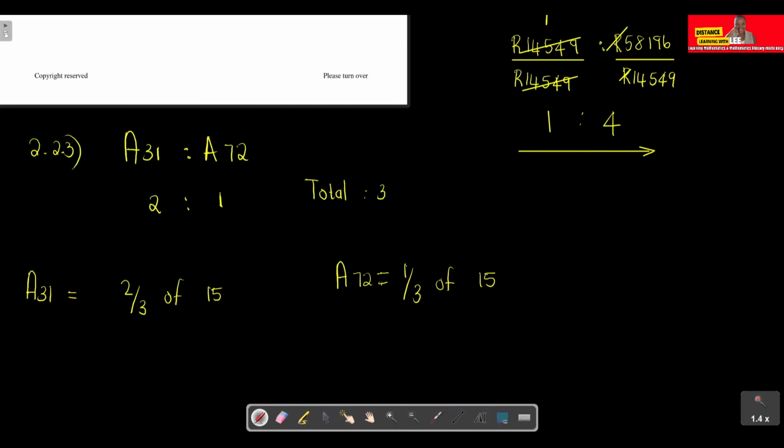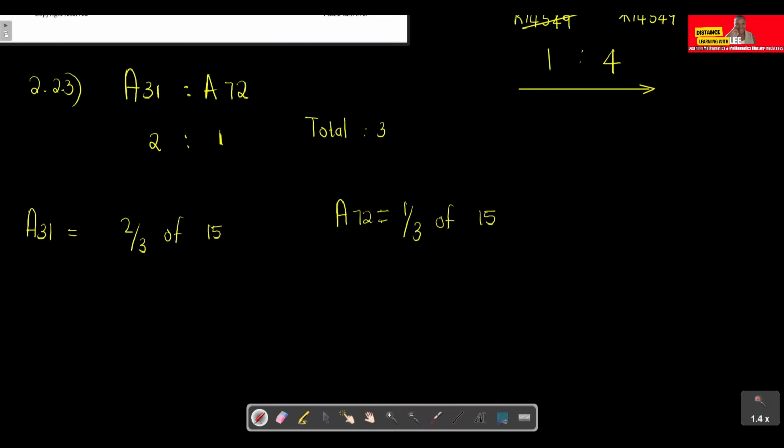Because by doing this, we would have worked with the ratio that is given to us to help us determine the number of A31s that were contained in the 15 and the number of A72s that were contained in the 15. And we already know that the A31s are 2/3 of the 15, and the A72s are 1/3 of the 15.